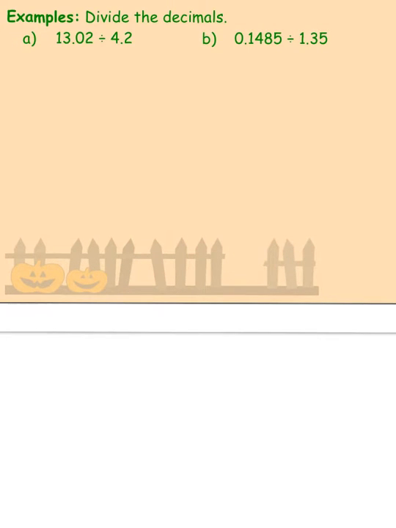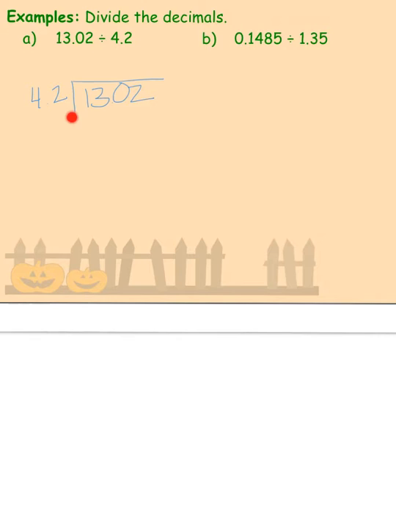All right, let's take a look at example A then. Setting this one up to start with. Again, the number that's first goes inside, and the number that's second goes outside. I think about this to help you guys remember it.